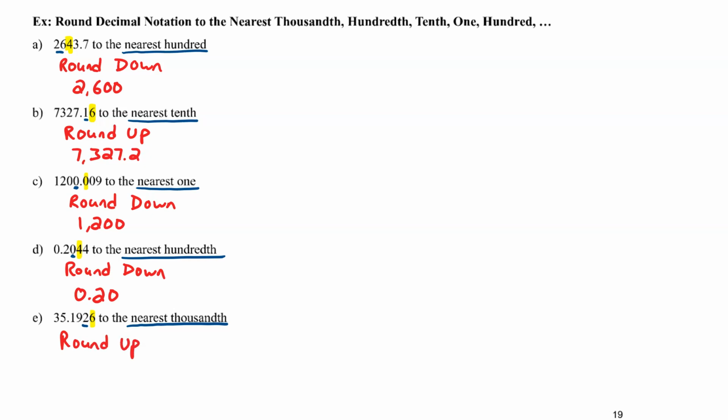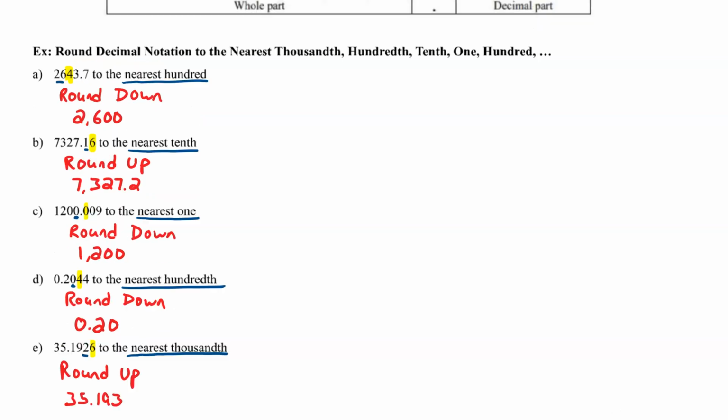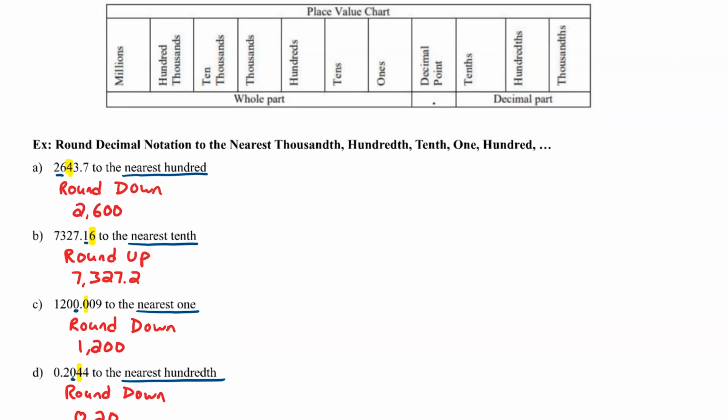That will give us 35.193. As we said before, we want to spend some time with those different place values and make sure we're comfortable with them, so that when we have situations that require those rounding skills, we can focus on the correct place value.